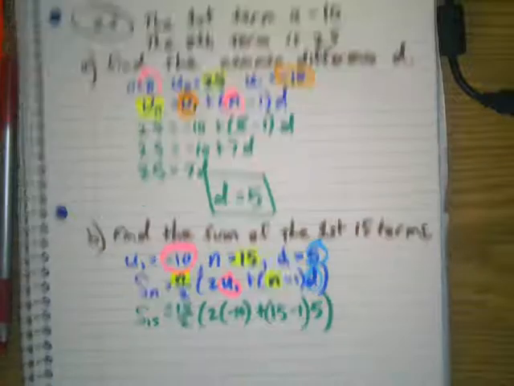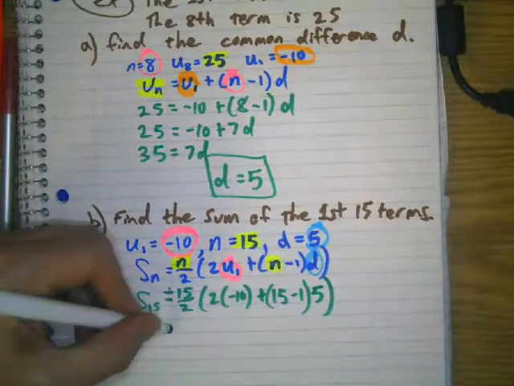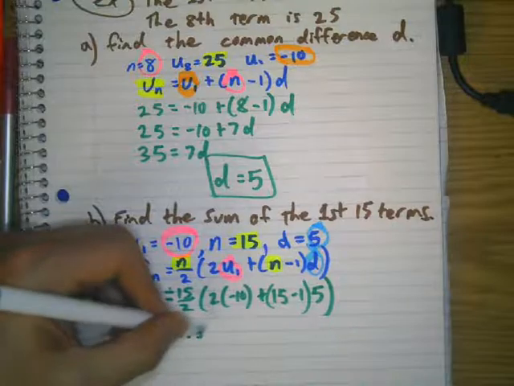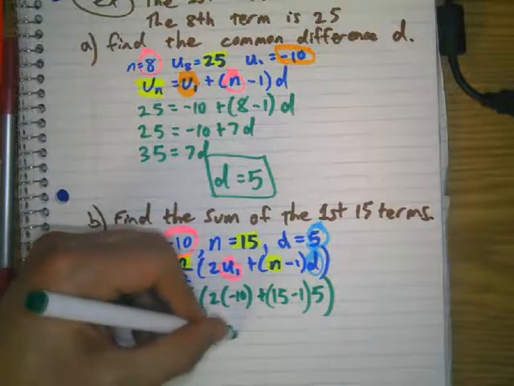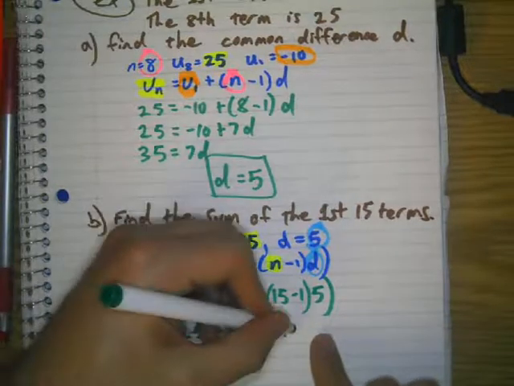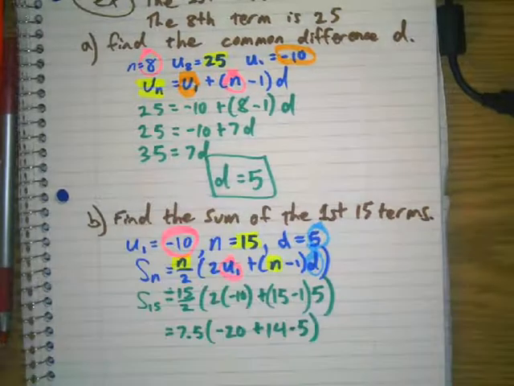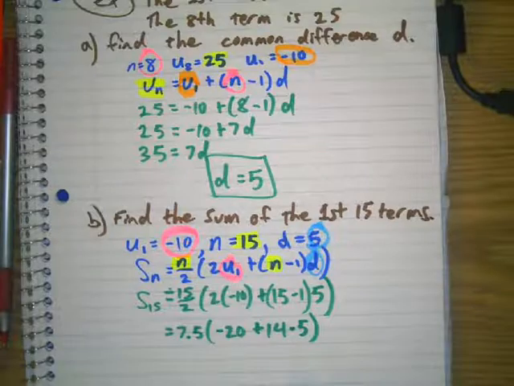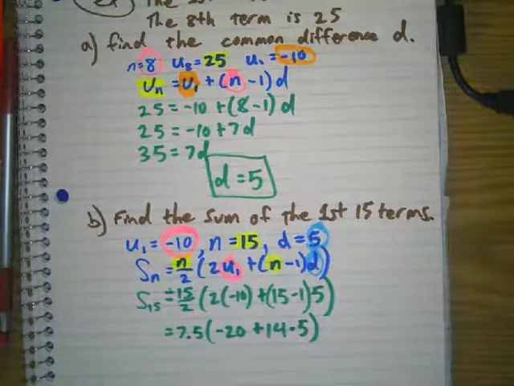Okay, so simplify this some more. We get 7.5 times (negative 20 plus 14 times 5), right? Okay. 14 times 5 is 70.